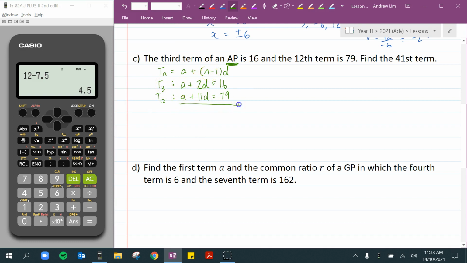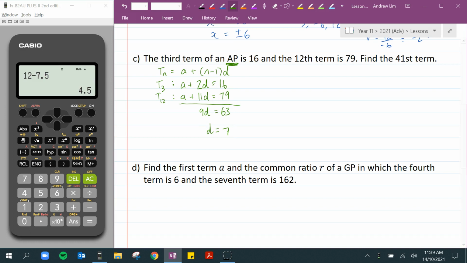Now we can just solve this using elimination. I'm just going to take the bottom one and minus the top equation, because that's easier for me. So when we subtract, a minus a is 0, 11d minus 2d is 9d, and 79 minus 16, that's 63. So we can see here that there's a common difference of 7.